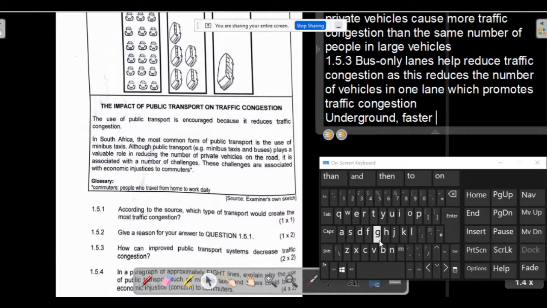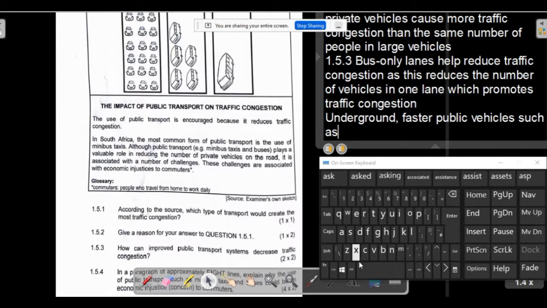So if you can provide a route or a type of vehicle that can go underground and that can be fast, underground fast public systems or vehicles, such as the Gautrain, for example.